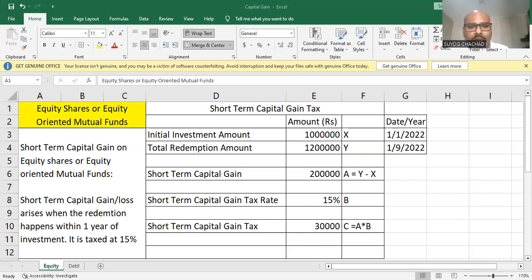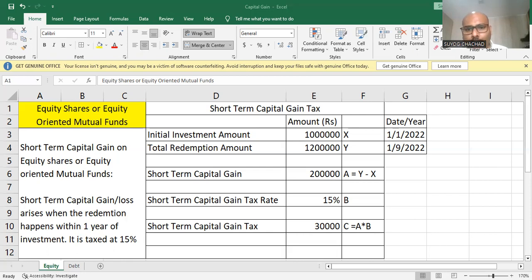So let's take an example. If you are investing 10 lakh rupees in equity shares or in equity oriented mutual funds, and within 1 year you are withdrawing that amount. And let's say your total redemption or withdrawal amount is 12 lakh rupees. So here you have clearly gained 2 lakh rupees.